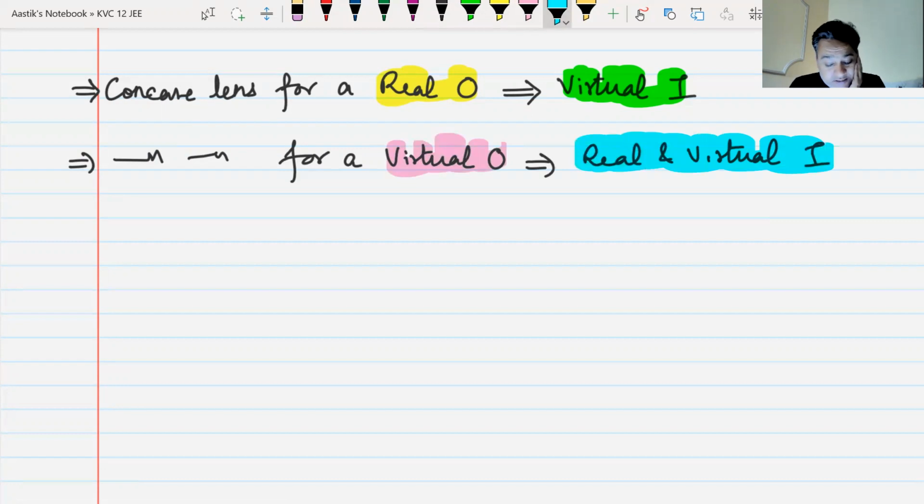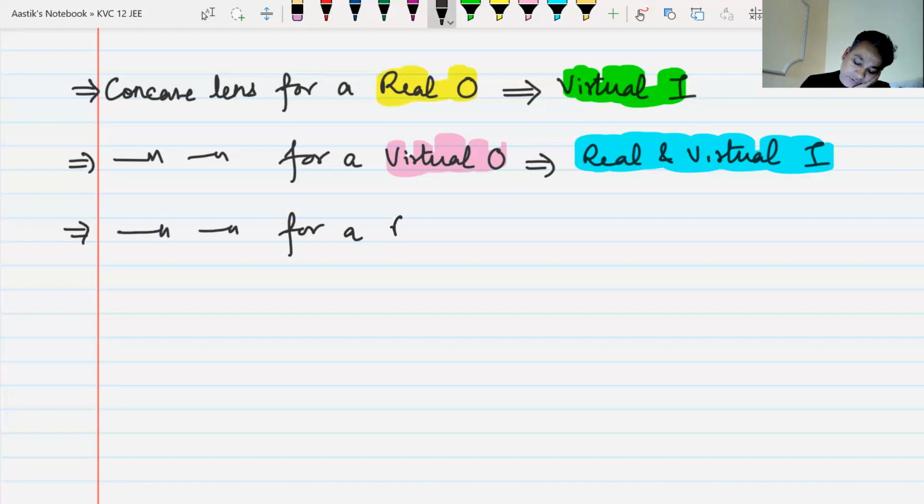For a real object, it can only do one thing. One thing it cannot do: it cannot form real images for real objects. For a real object, it can't make a real image.